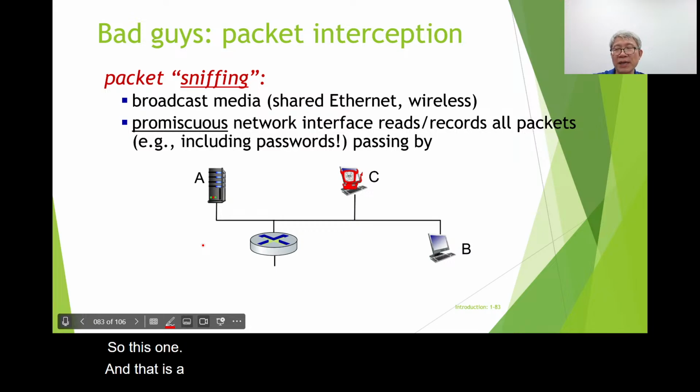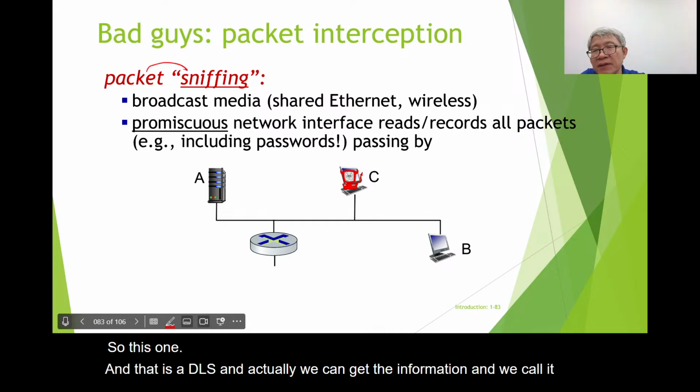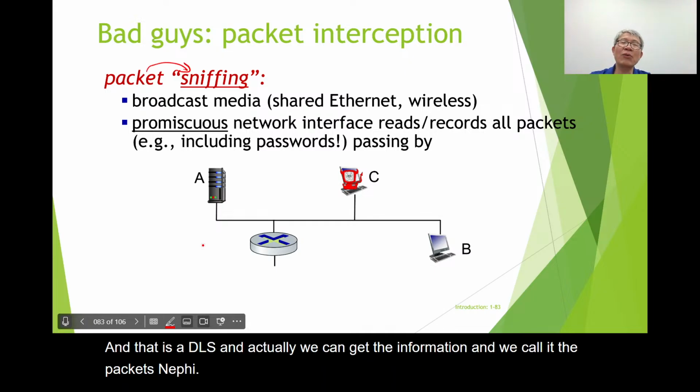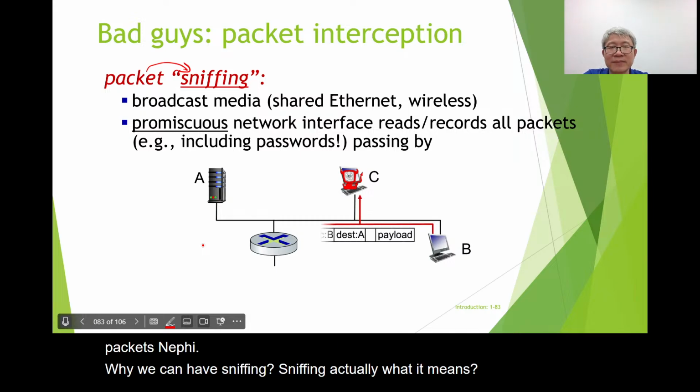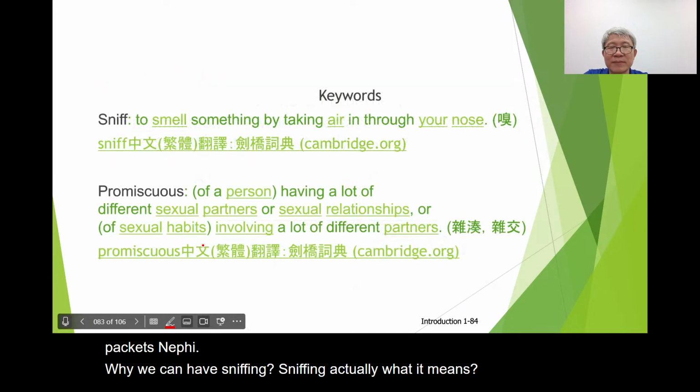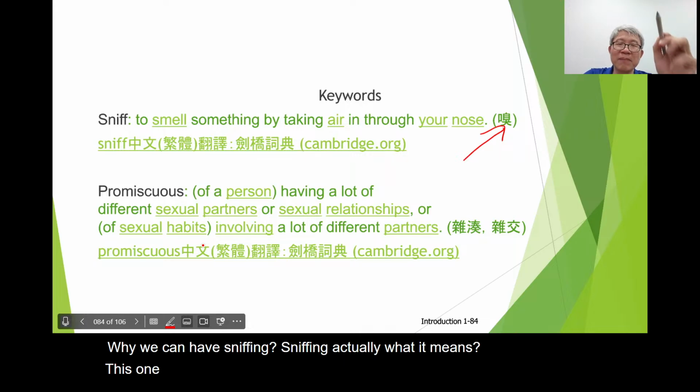And that is the DoS. And actually, we can get information, and we call it packet sniffing. Why do we call it sniffing? Sniffing actually means using your nose to smell.